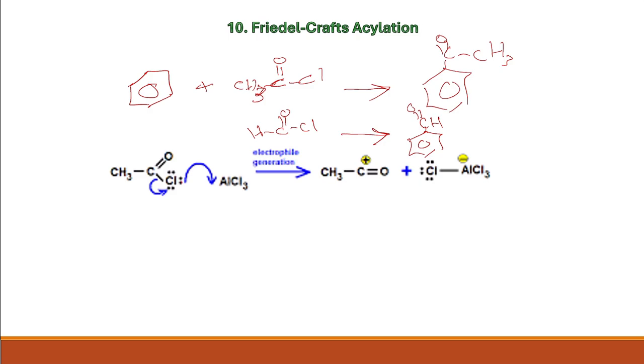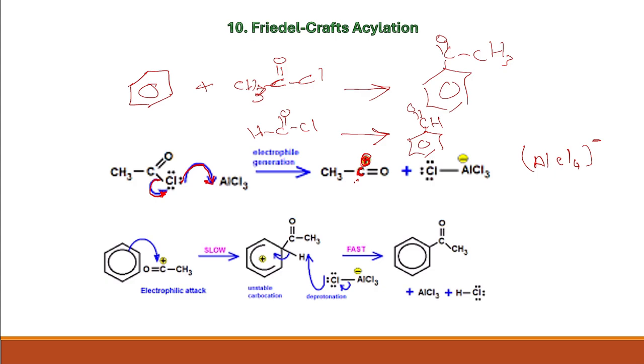The chloride will attack the aluminum while the bond between the carbon and the chloride will break. Now this will generate the carbocation, the electrophile, where the carbon will have a positive charge. And then you can either write it as AlCl4 minus, or you can simply write it in this way. And then the second step will be the electrophilic attack.